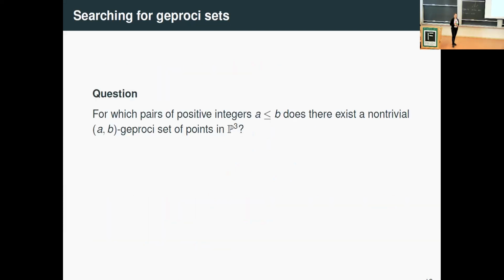And we may ask a question: for which pairs of positive integers a and b, let's say that a is less or equal than b, does there exist a non-trivial Geproci set? So a set which is non-degenerate and is not a grid.